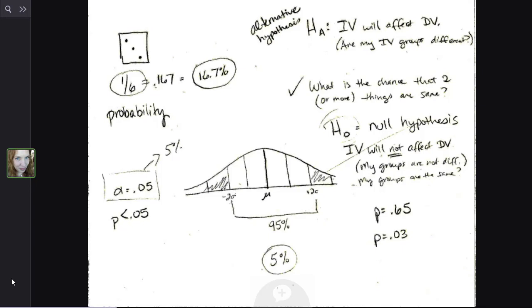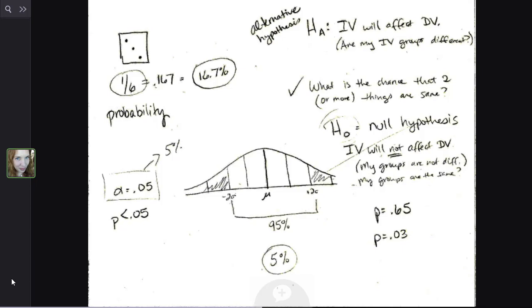Remember when we looked at that SPSS output, we looked for that p-value, and we compared it back to this 0.05? And I said, don't worry about it yet, but if it's less than that 0.05, you know that your groups are significantly different. If it's greater than that, they're not significantly different. What I was basically having you do is look at the chance, related to this null hypothesis, that your groups were the same. All right?